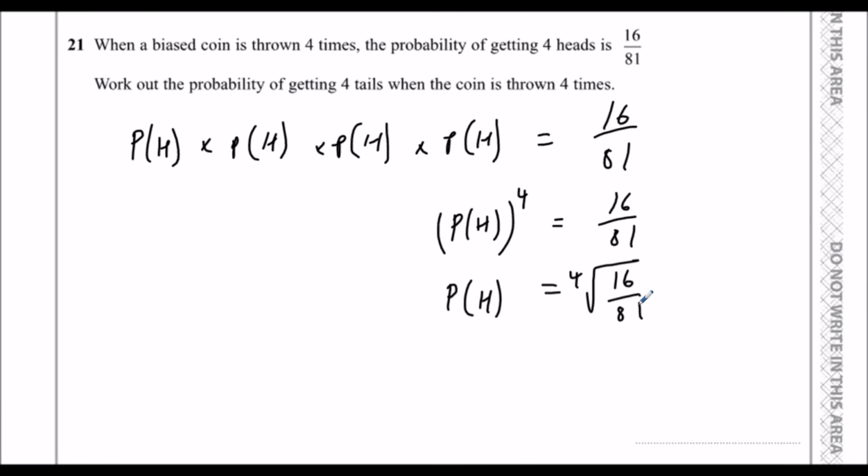And that will be 2/3. The fourth root of 16 is 2. 2 times 2 times 2 times 2. And the fourth root of 81 is 3. 3 times 3 times 3 times 3. So if the probability of heads is 2/3, the probability of tails must be 1/3. So what's the probability of getting tails 4 times in a row?